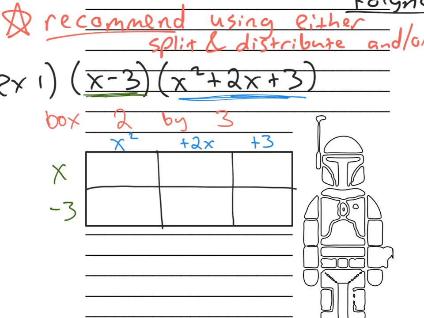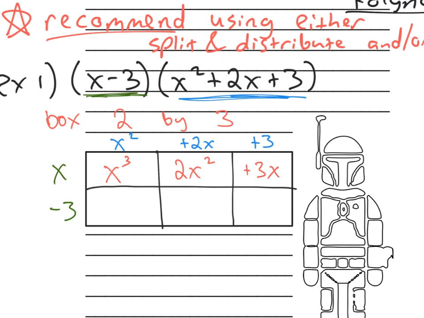So x times x squared is what? X to the third. 3 copies of x. Next one will be x times 2x. What does that equal? 2x squared. My next one will be x times 3, which is positive 3x.